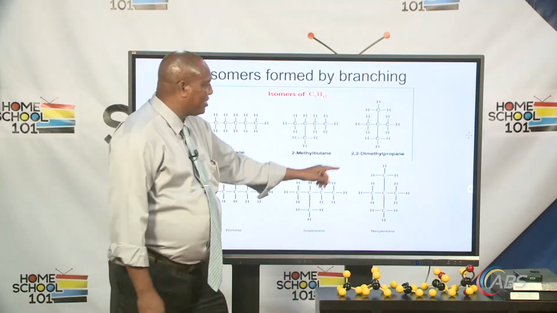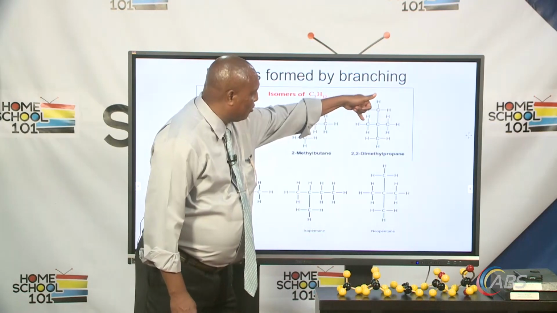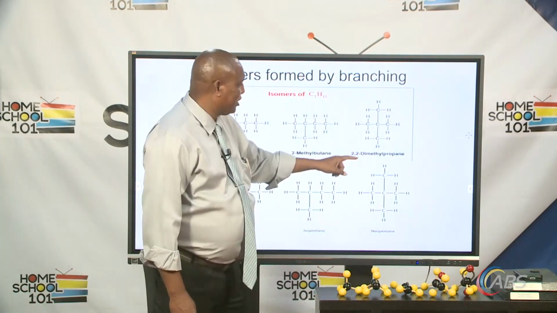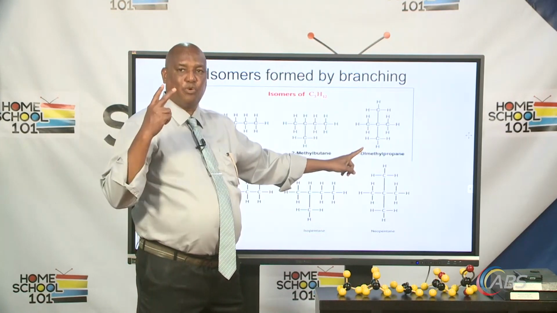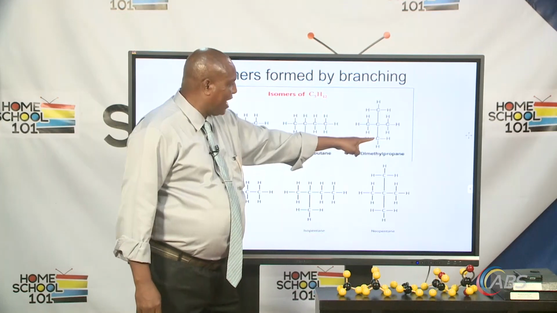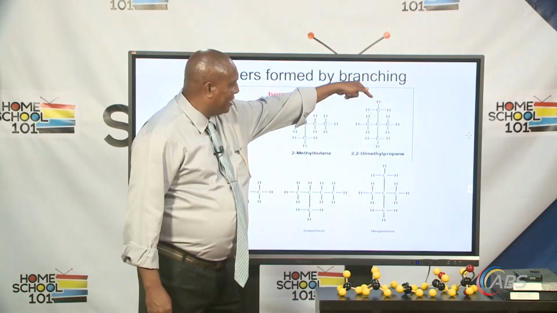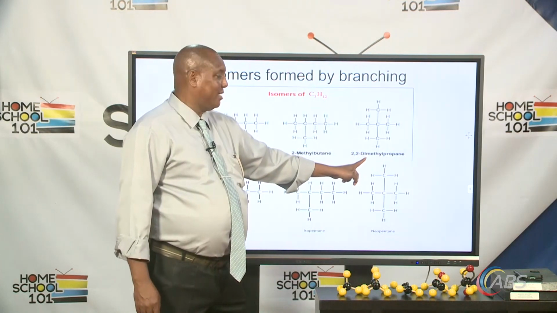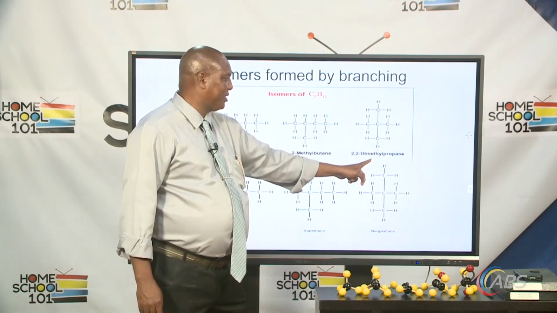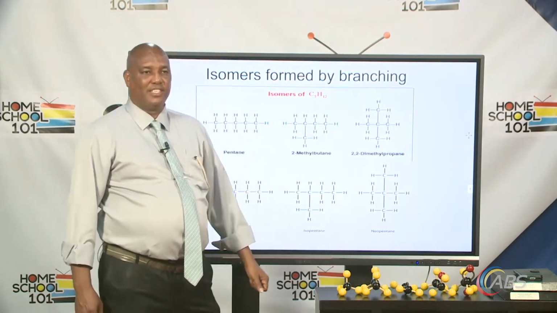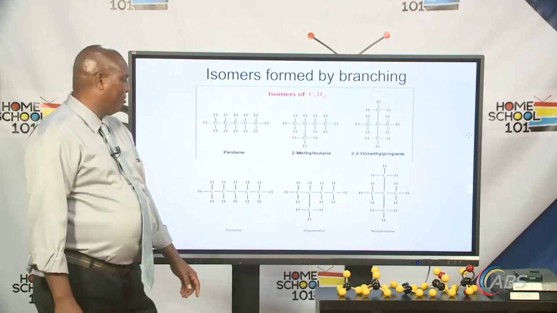Because both of them are attached to carbon number 2, we have 2, 2, and because it's 2 methyl groups, we say dimethyl. Di means 2 methyl groups, attached to 1, 2, 3, propane. So 2, 2, dimethyl propane.